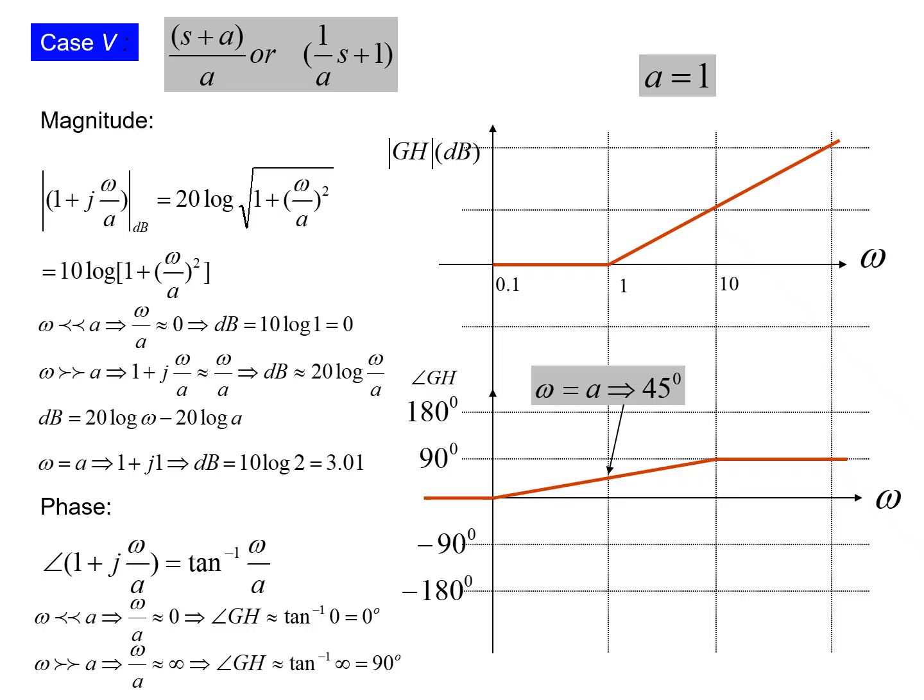And then for omega more than a, omega per a approximately infinity, and then the angle of G(s) is tangent inverse infinity equal to 90 degrees. This is the result.